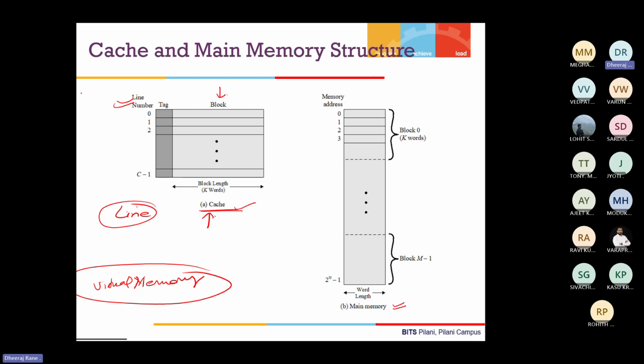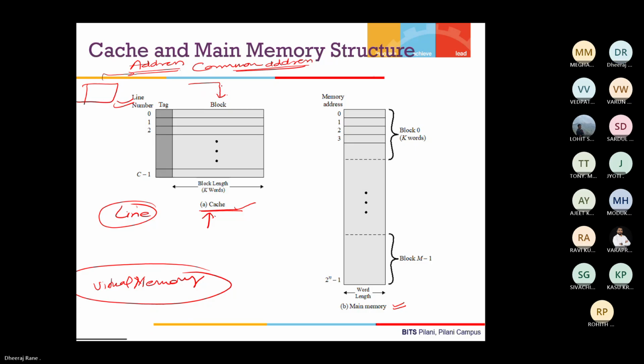The idea here is that the processor generates an address, a common address, and through that address it will search in the cache to see if the word is found there.